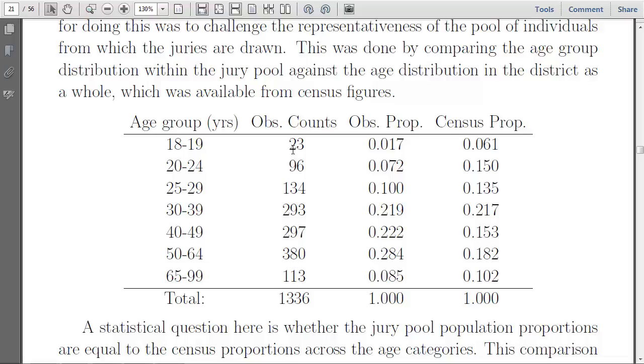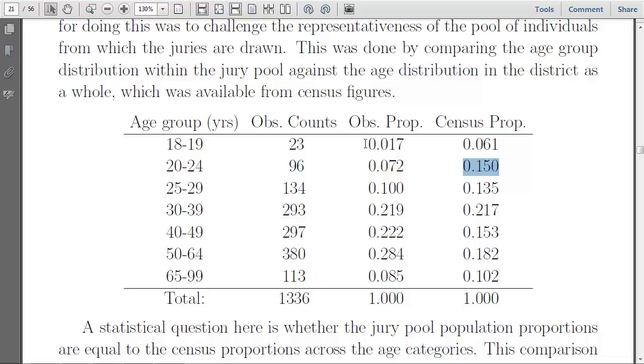If you divide each of the observed counts by the total, then we get observed proportions. So about 1.7% of people were 18 to 19, about 7% were 20 to 24, 10% 25 to 29, and so on, right? And we effectively want to compare, are the proportions we observed in our jury pool equal to what we see in the census? So every decade we get census numbers, and here we had 6% in the 18 to 19 range, 15% in the 20 to 24 range, and so on.